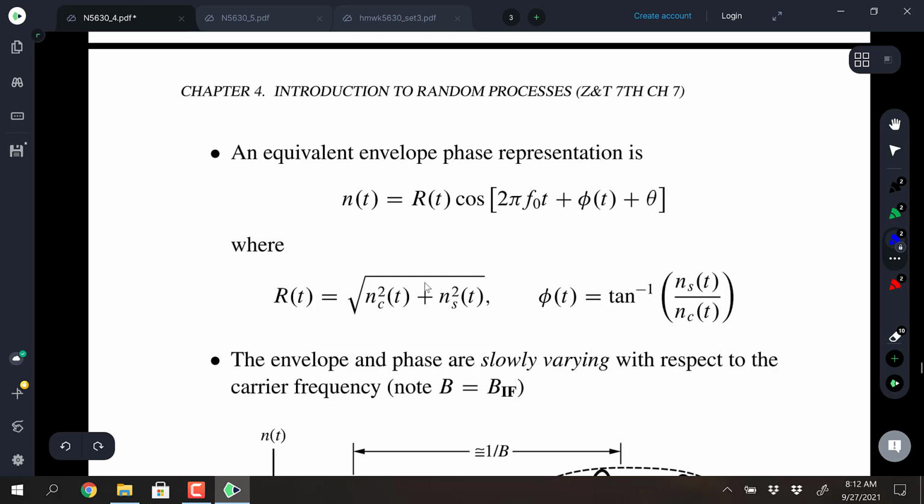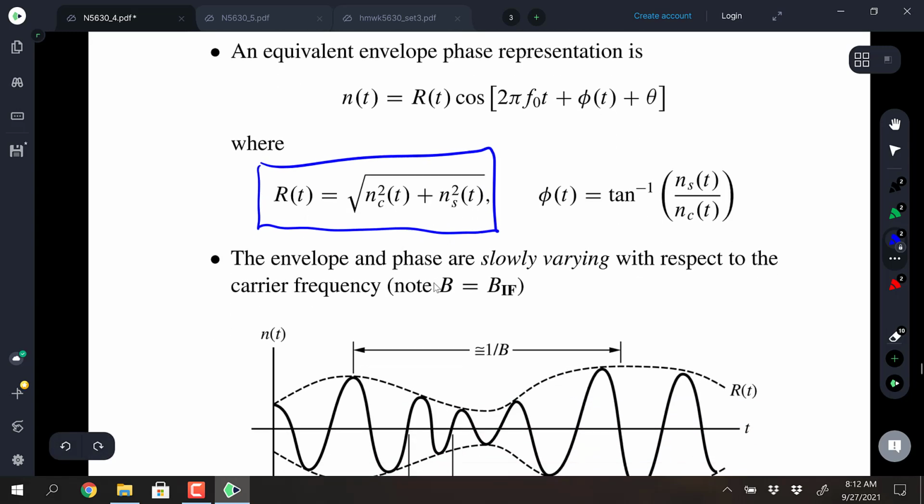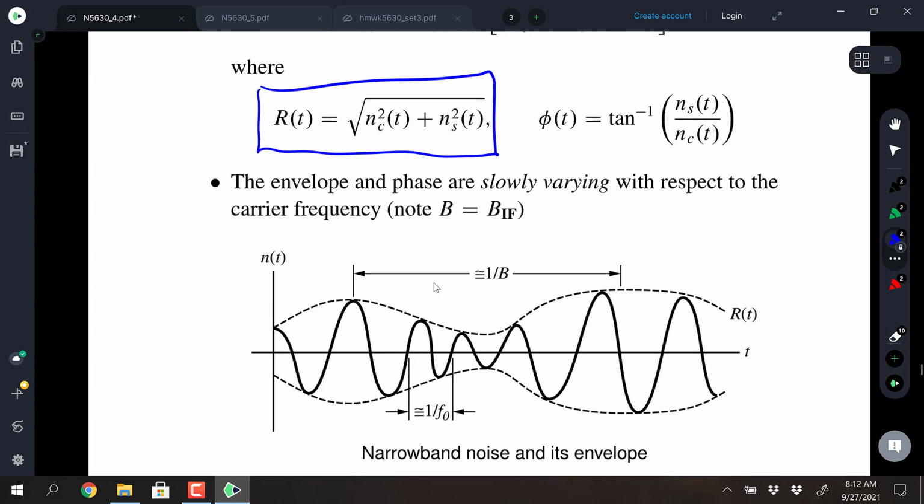So the equivalent envelope of our narrowband signal is r(t) cosine of 2 pi f0 t plus phi(t) plus some theta. So phi(t) and r(t) are the time-varying phase and time-varying envelope as a result of the additive noise model. That's down here, and the envelope is the one that gets talked about the most in terms of the noise model.